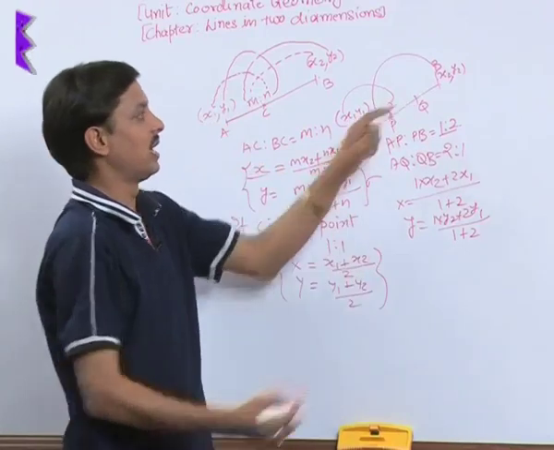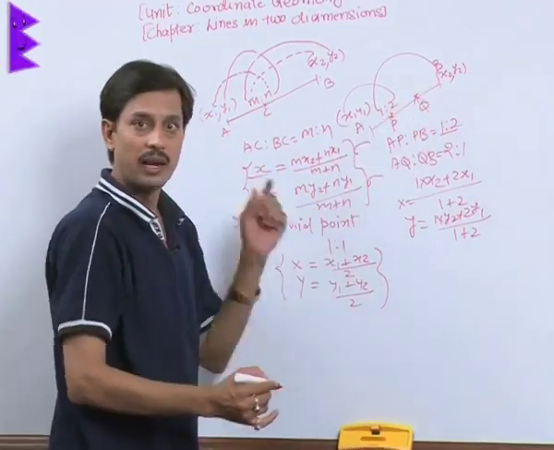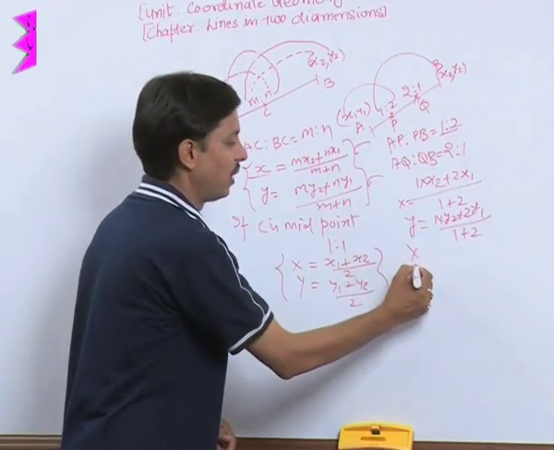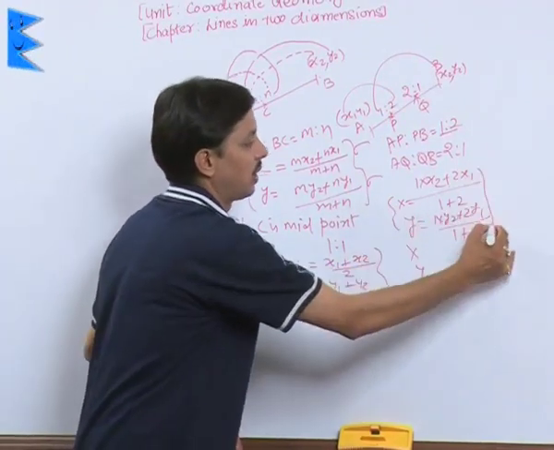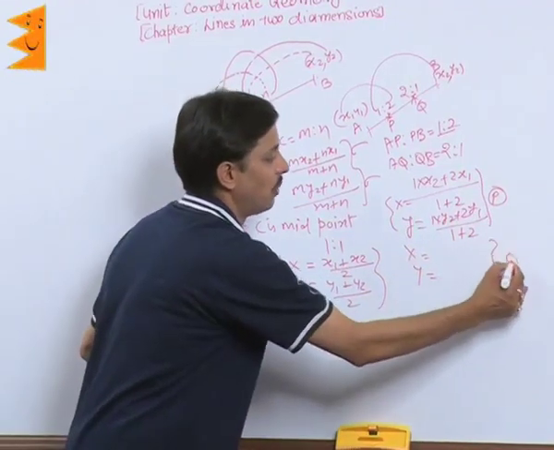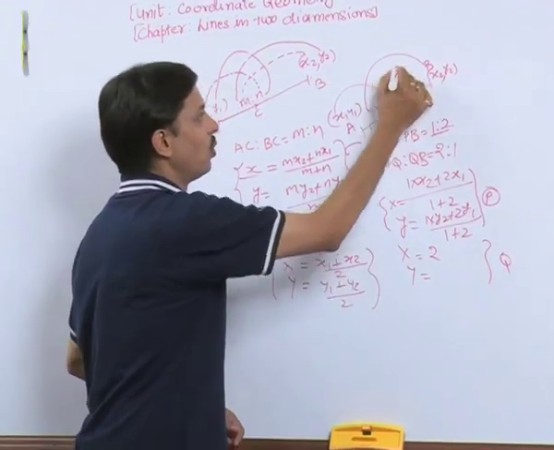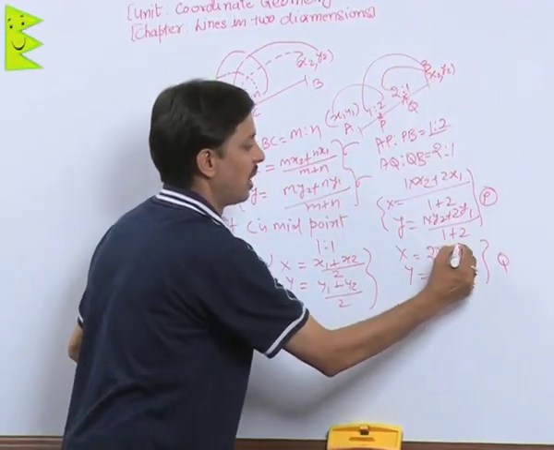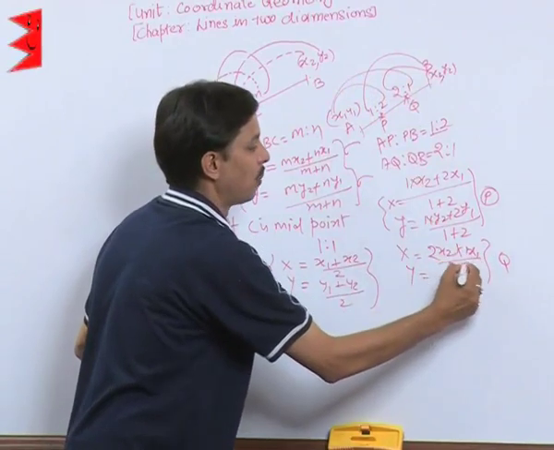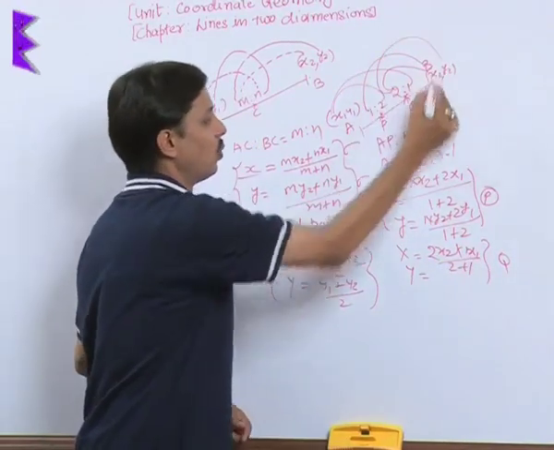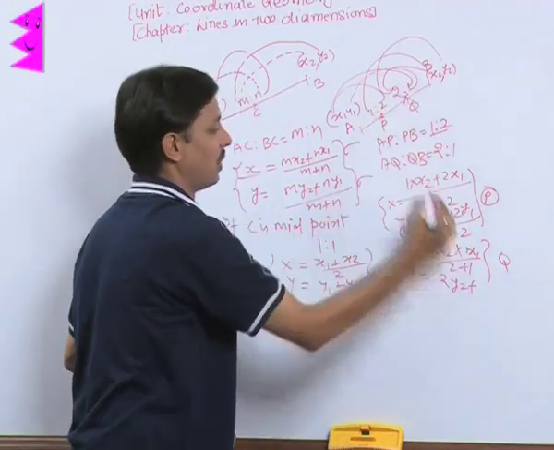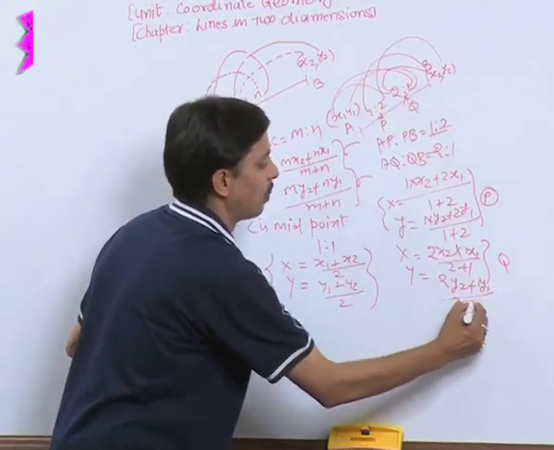The second trisection is at Q, and this trisection goes to 2:1. So x and y at P were as above, and x and y at Q will be given by 2 into x2 plus 1 into x1 upon 2 plus 1, and 2 into y2 plus 1 into y1 upon 2 plus 1.